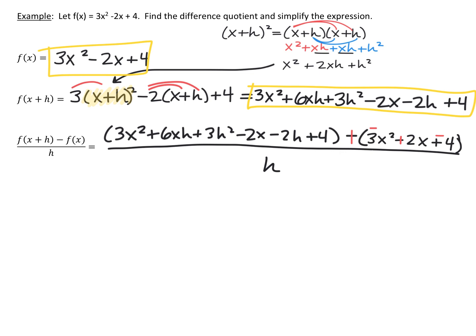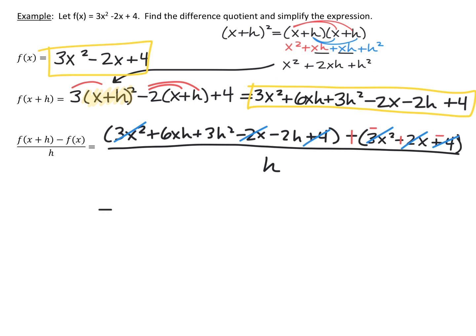Okay, so you got some stuff that's going to cancel. You've got 3x squared, and then you've got negative 3x squared. What happens? Cancel. You've got, let's see this one, 2x. You see anything that cancels with that? Negative 2x. Okay, goodbye. And then you've got negative 4 should cancel out the positive 4. So that means that all your subtraction is gone, so it's nice.